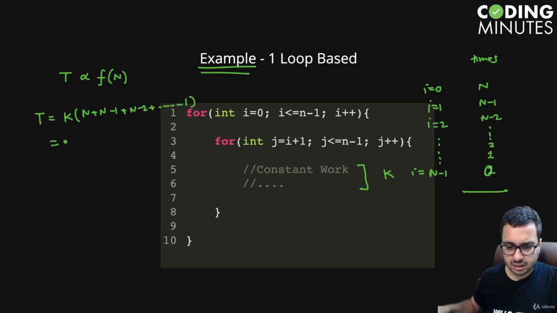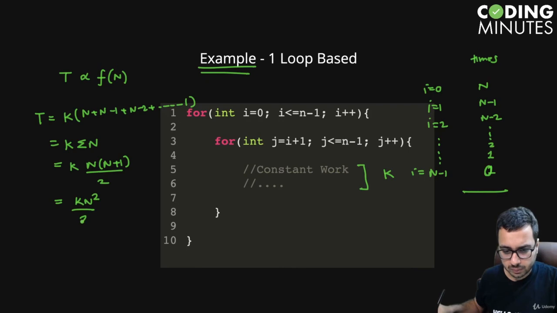You can see this is k times the summation of n, and the summation of n is n into n plus 1 by 2. So this function looks something like this. It becomes kn square by 2 plus kn by 2.